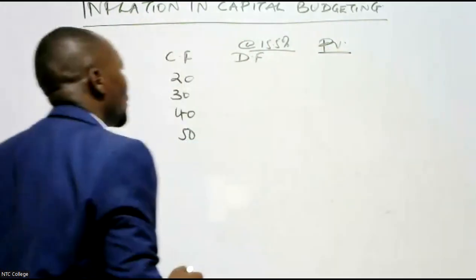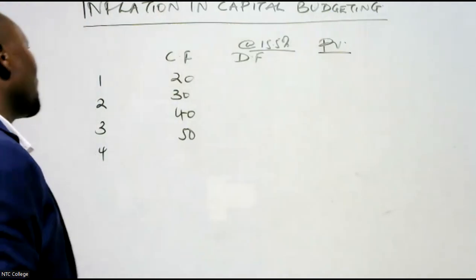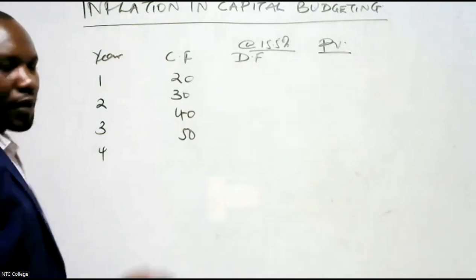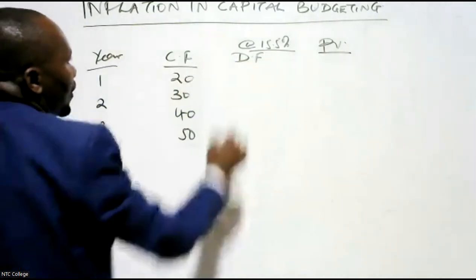Can somebody give me discounting factor at 15.5% for year 1? What is it? Year 1?